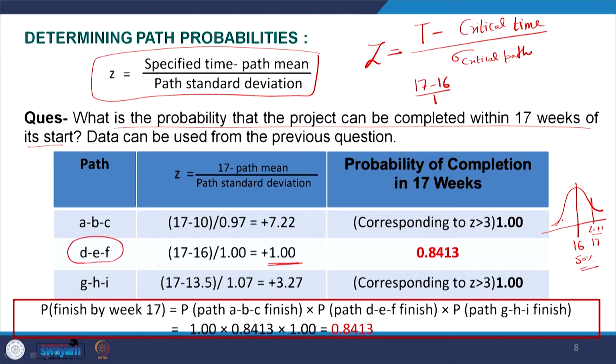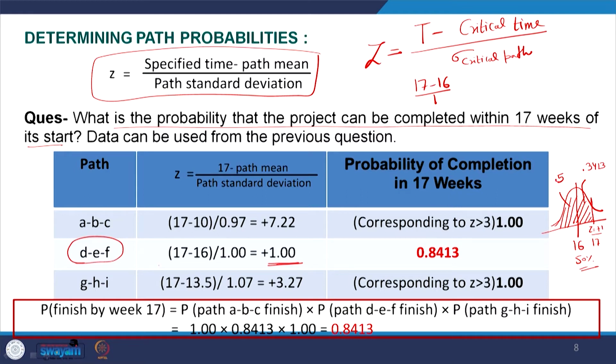So, the probability will be this entire area plus this area on the right hand side of the mean value up to plus 1 of Z. This area is 0.5 already, and this is additional, that is 0.3413.